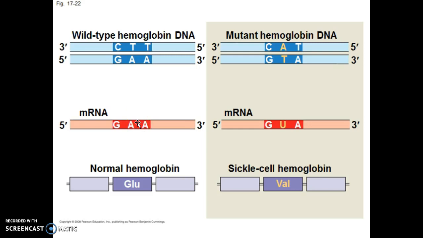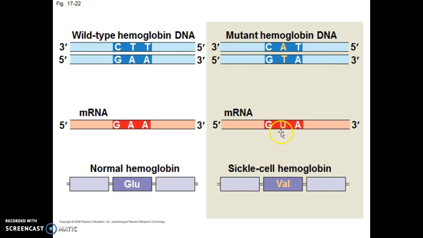Thinking to that codon chart we've been looking at with all the different amino acids, this codon would code for the amino acid Glu. And this is used in hemoglobin. Over on this side, however, by switching those two around at that particular point, CAT would be transcribed into GUA instead of GAA.